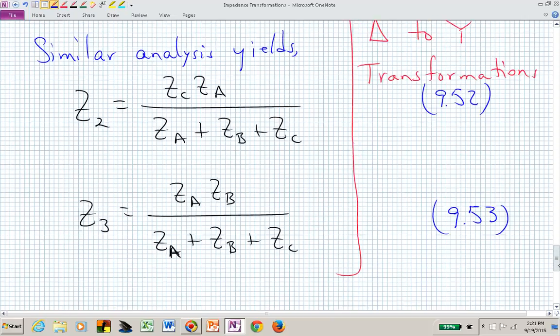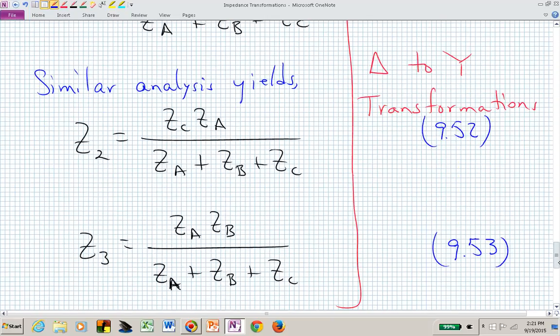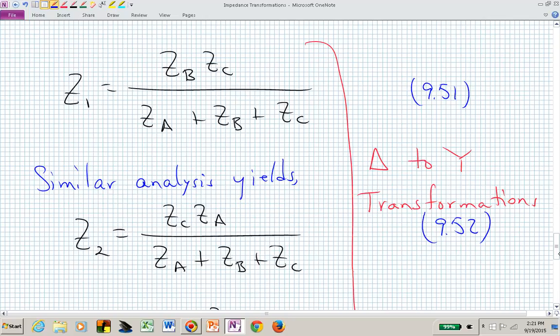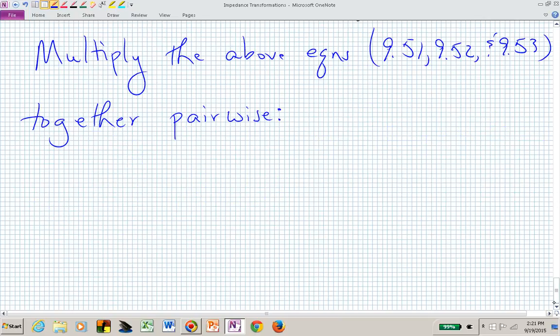Meaning, if we take Z sub 1 and multiply it by Z sub 2, we end up with a square of the sum of Z sub A, B, and C in the denominator, and upstairs we have Z sub C squared, and Z sub A and Z sub B. Let me write that down.